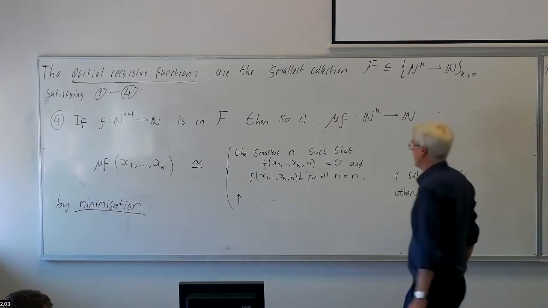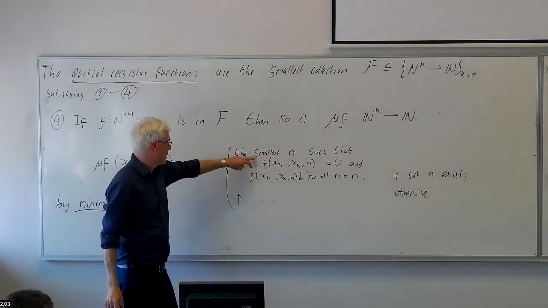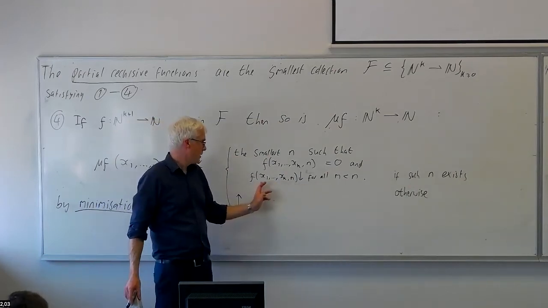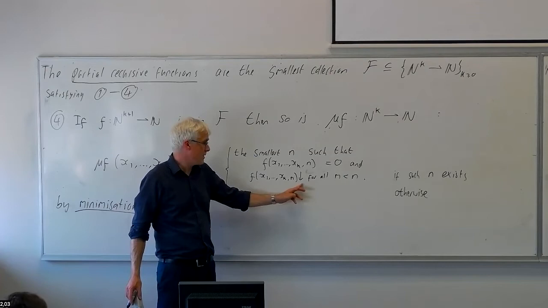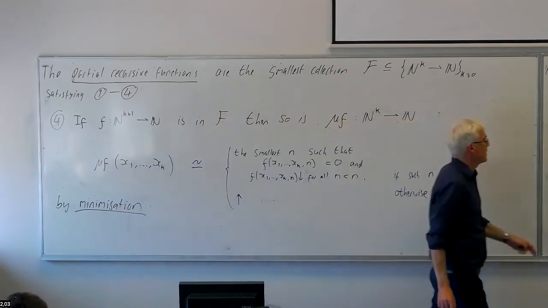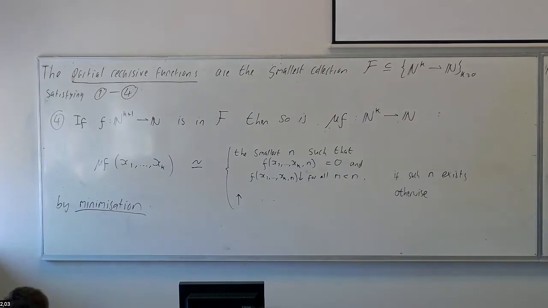So that's from the definition here. Notice I've omitted this requirement that the value is defined on all strictly smaller values. That's not needed because H1 is a total function anyway, so of course its values are defined everywhere. You don't need to assume further the values are defined.